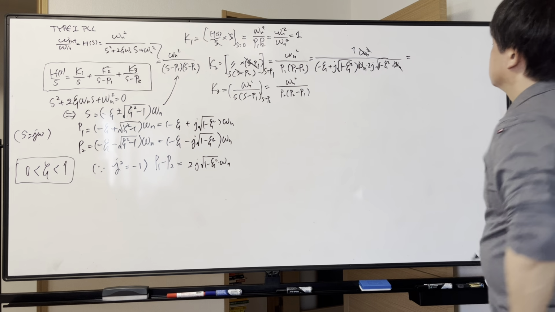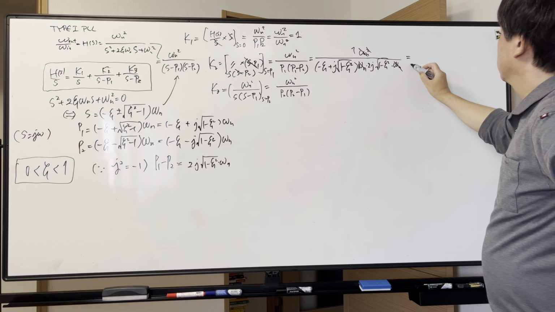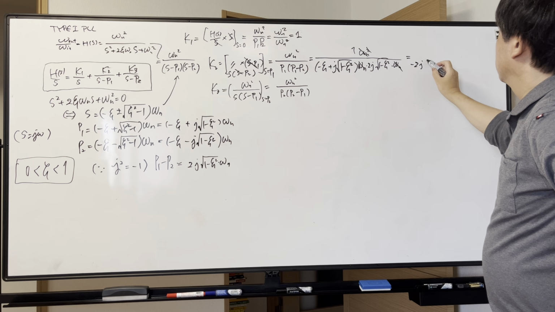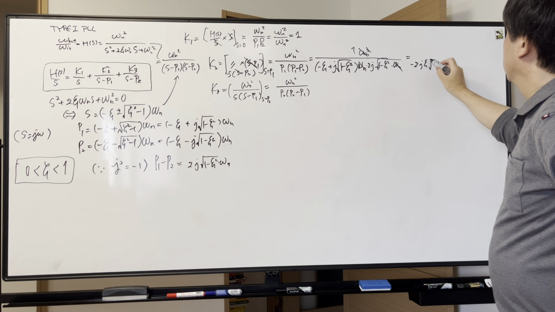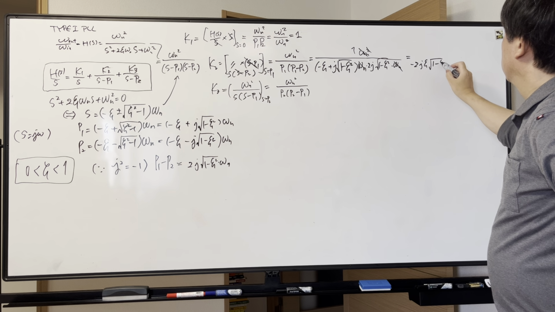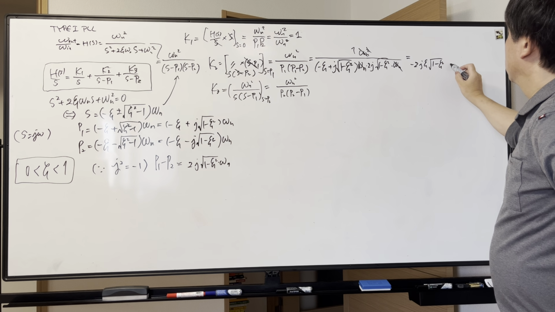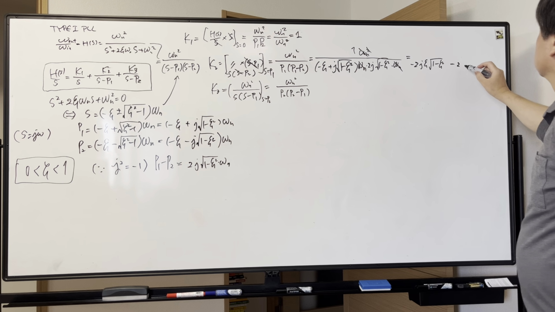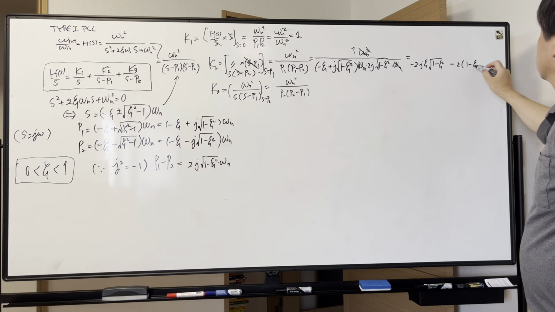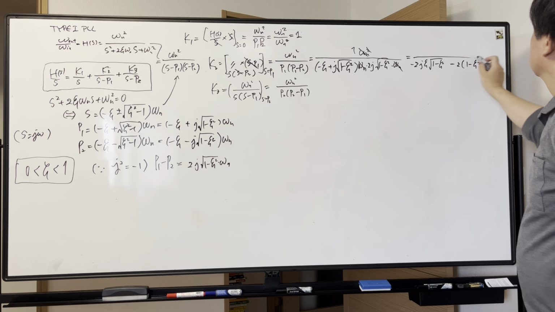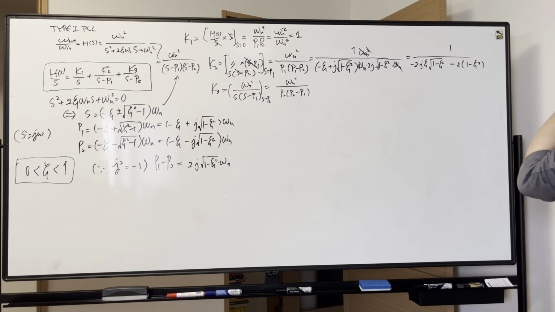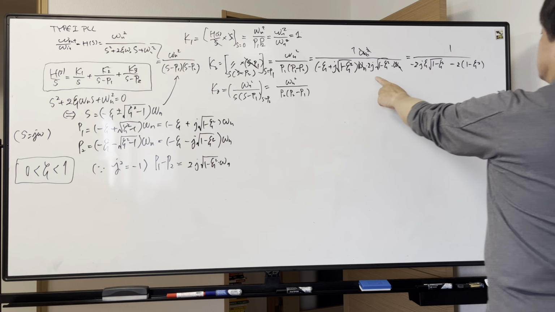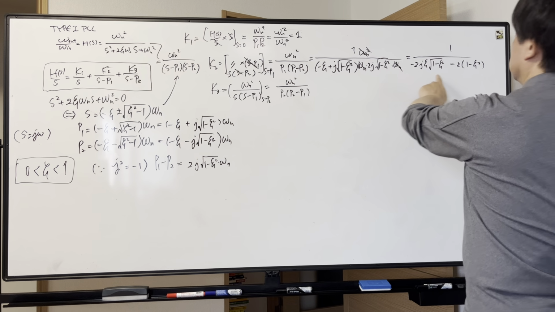Expanding, j times j squared equals minus 1.